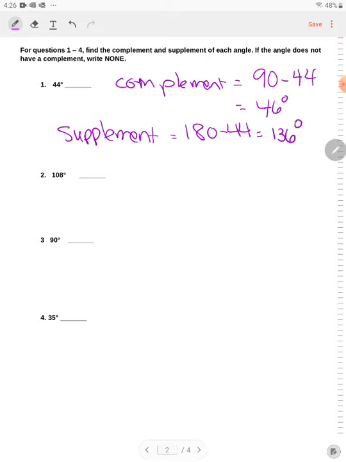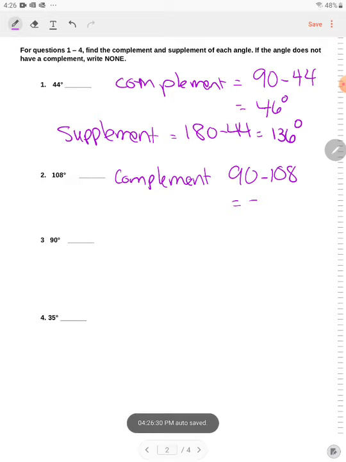Okay, 108. So for our complement, it's always 90 minus the angle. So 90 minus 108 is going to give us a negative angle. Therefore, there is no complement. It's negative 18. So for complement, we're going to say none.